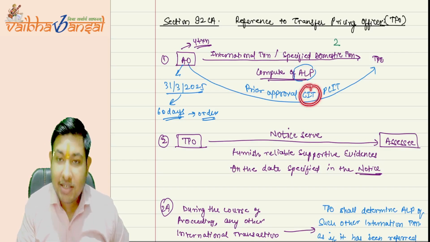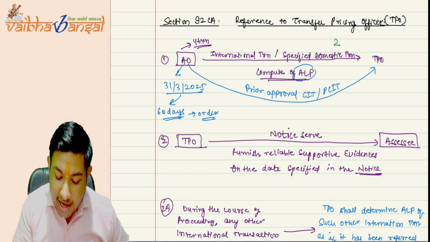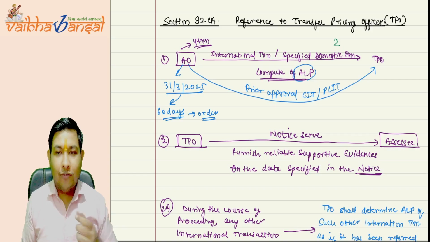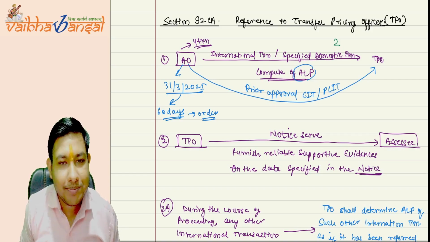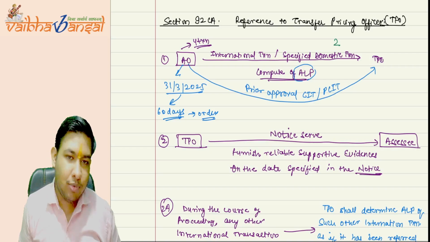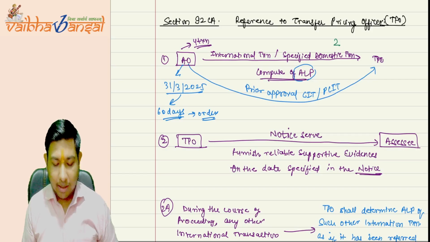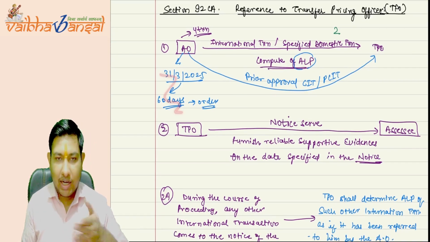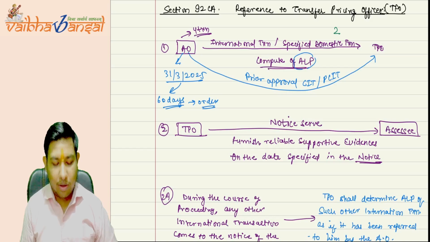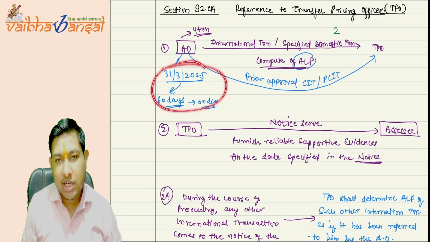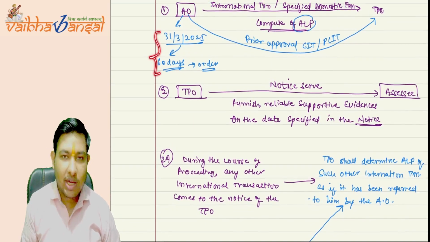The CIT, the Commissioner of Income Tax, or the PCIT, the Principal Commissioner of Income Tax. Either of these two can give approval. Is this point clear? We will come back to this point. As of now, you can ignore it.